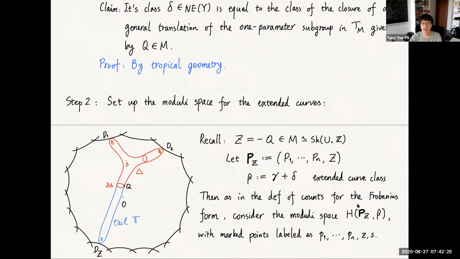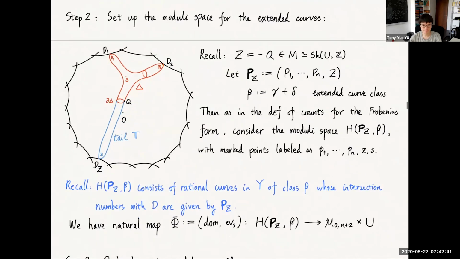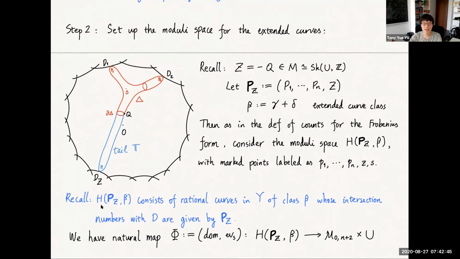Then, as in the definition of counts for the Frobenius form, we consider the moduli space HPZ beta with marked points labeled as P1 to Pn, Z, S. So recall that this moduli space consists of rational curves in Y of class beta, whose intersection numbers with the boundary D are given by the tuple PZ. And we have a natural map phi, whose first factor takes the domain of our curve, and whose second factor takes evaluation at the marked point S.